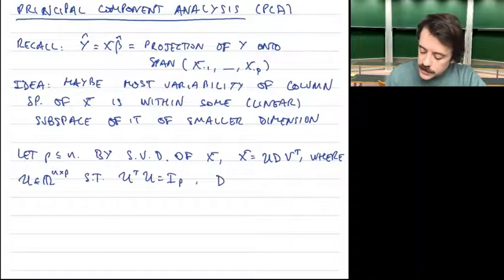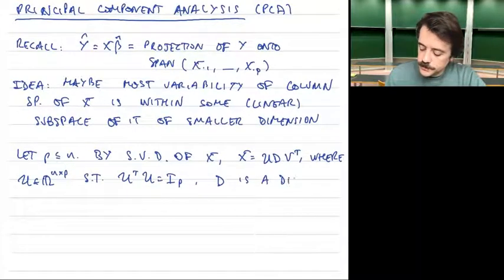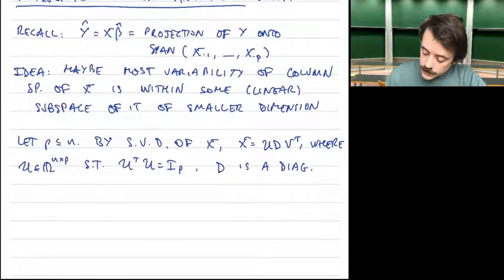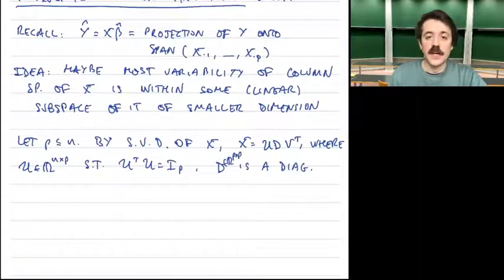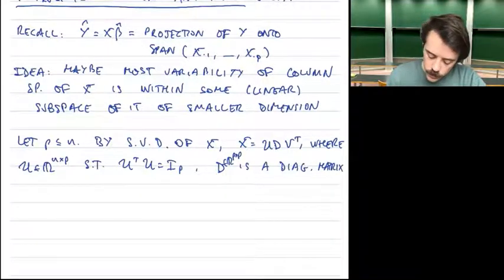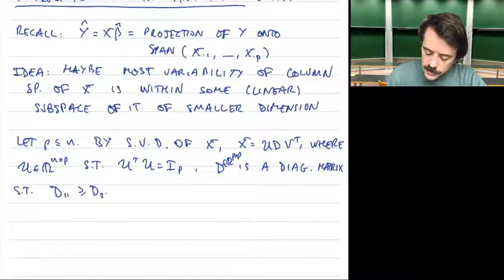Then D is a diagonal matrix in R^(p times p), such that the first element of the diagonal is greater than or equal to the second, and so on.